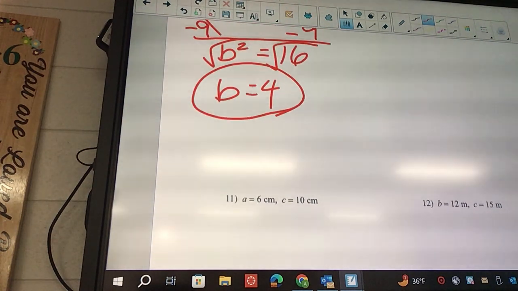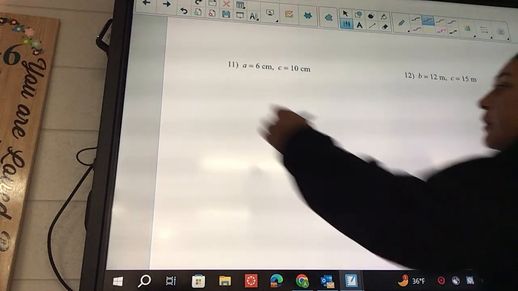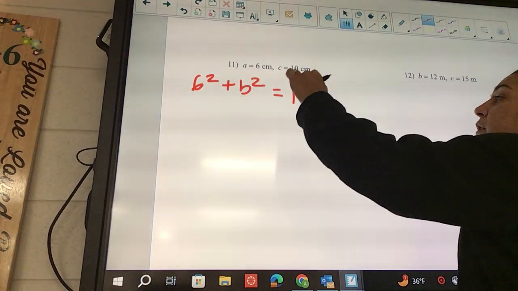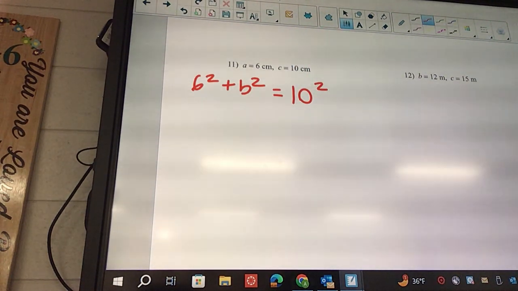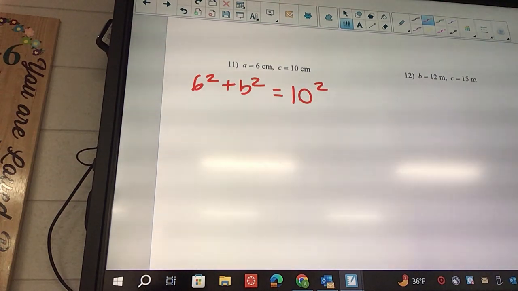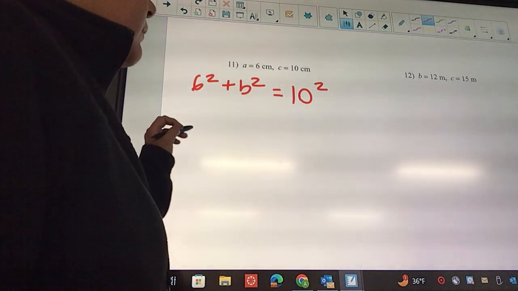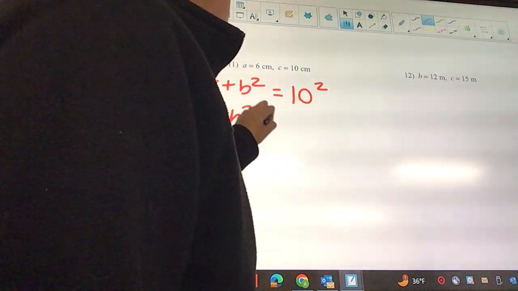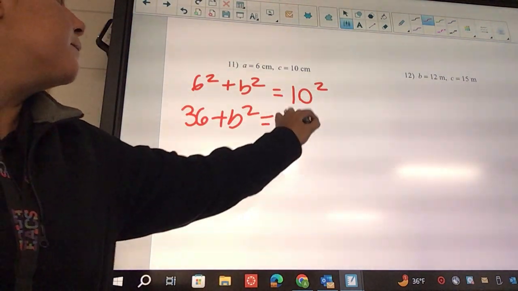Okay, look at 11. Which one is missing? The B. Okay, so we're going to say 6 squared plus B squared equals 10 squared. Okay, what's 6 squared? 36 plus B squared equals, what's 10 squared? 100.